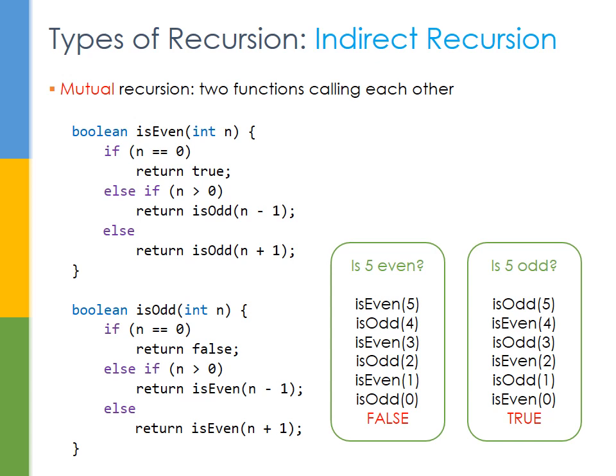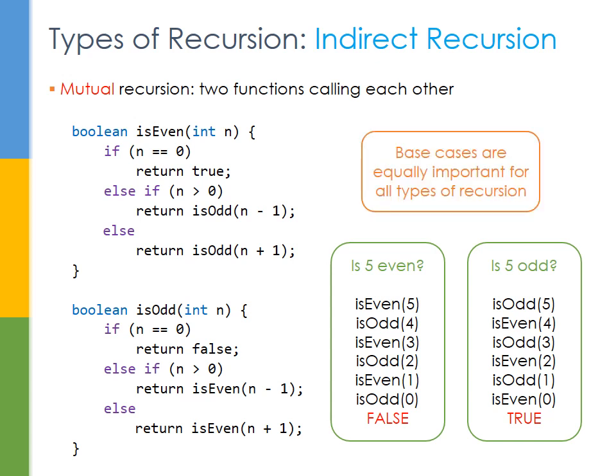Now, the important thing to understand here is that we have a situation where we have mutual recursion, and the reason that this is important is because the base cases are equally important for all types of recursion. So if we look at these two example calls that we had here, we can see that we reached in the first example the base case of is odd, and in the second example we reached the base case of is even.